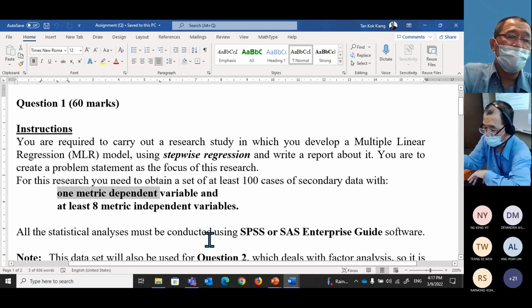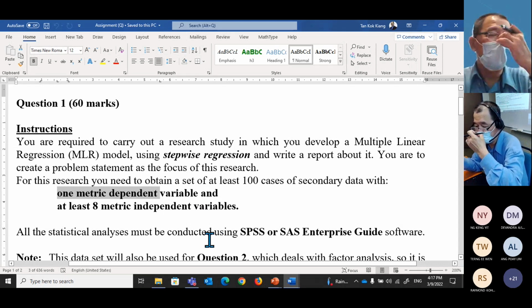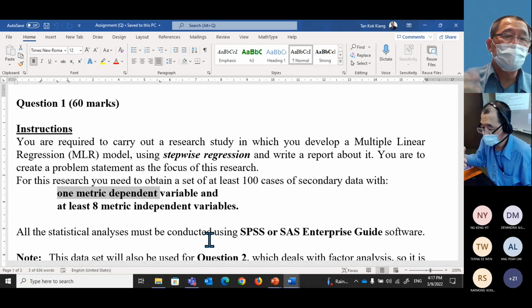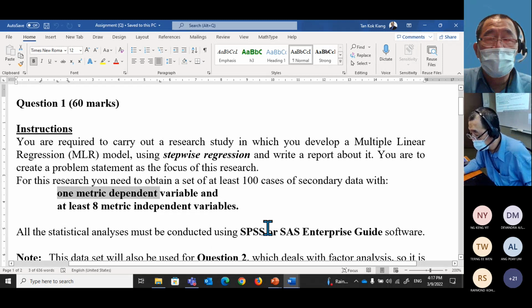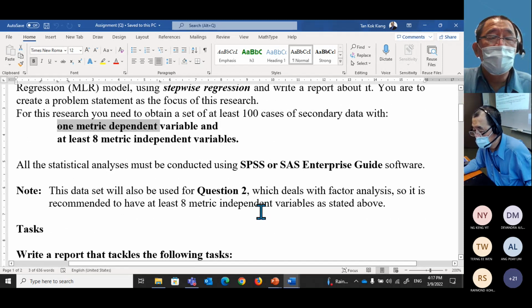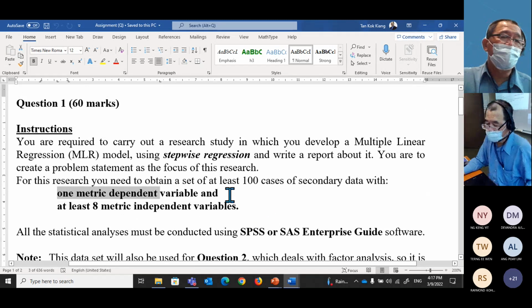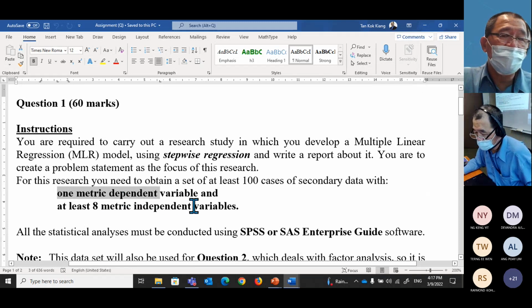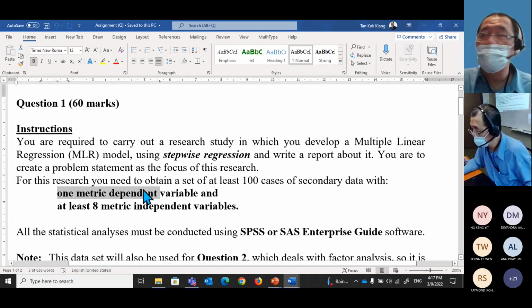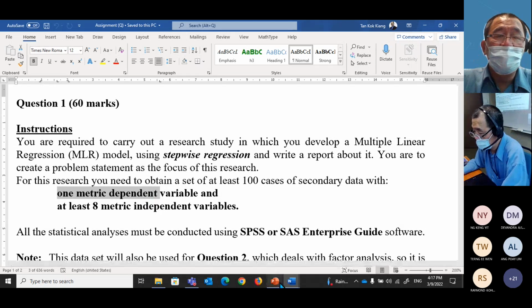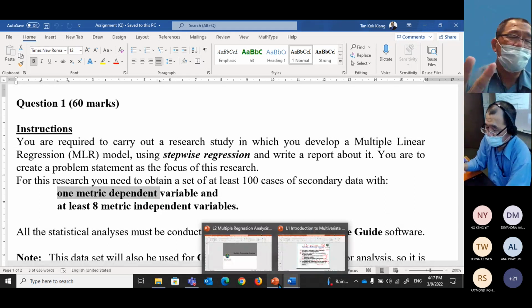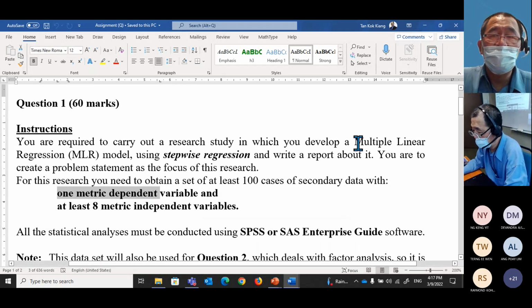So you find data and then send to me. If you are not sure, you can send to me. So minimum 8 metric independent and minimum 1 metric dependent. Then with your data, you can use multiple linear regression.